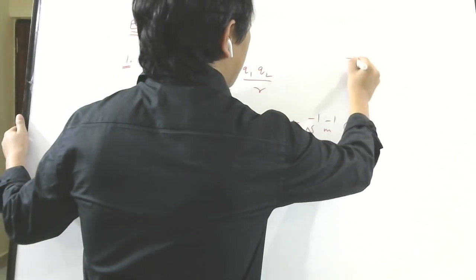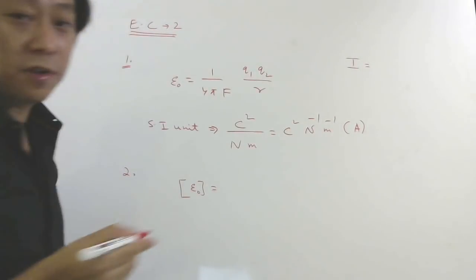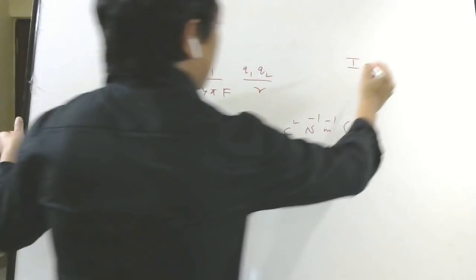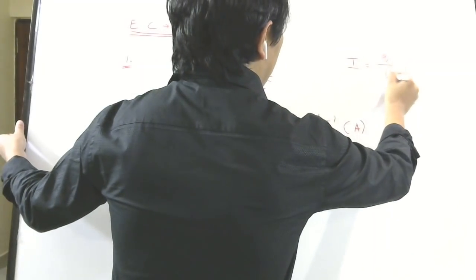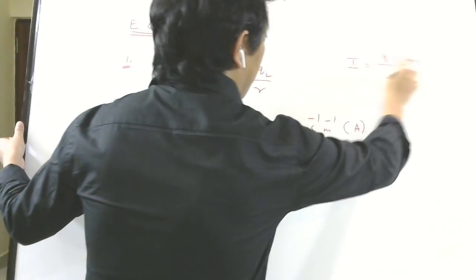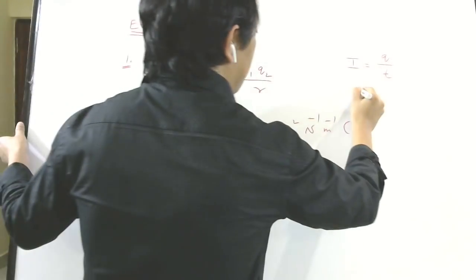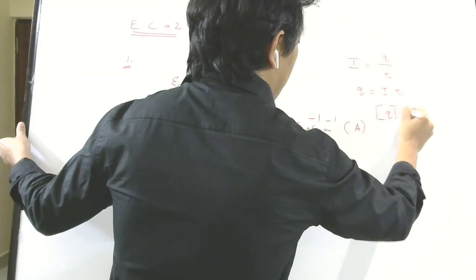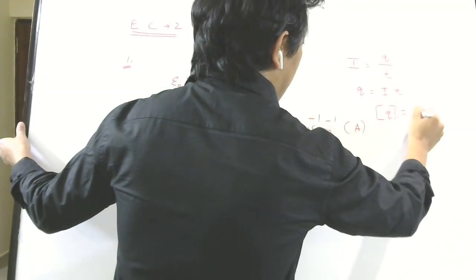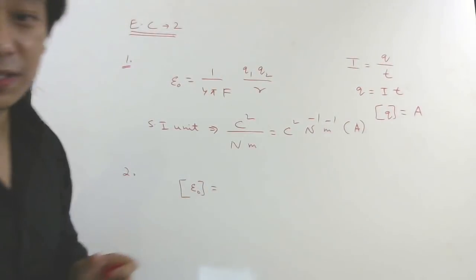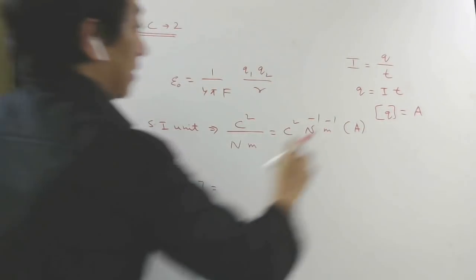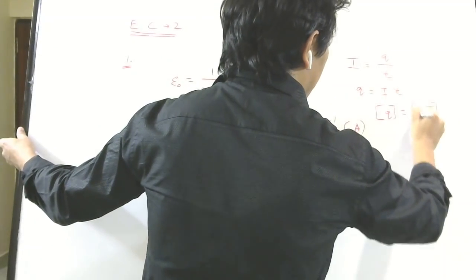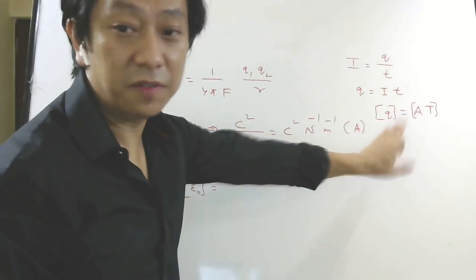Though current will be discussed in the third chapter, you know from school level physics that current is the rate of flow of charge. So it is charge per time. So charge will be current into time. The dimension of current we write as A, same as its unit ampere, and the dimension of time we write as capital T. So this is how we write the dimension of charge.